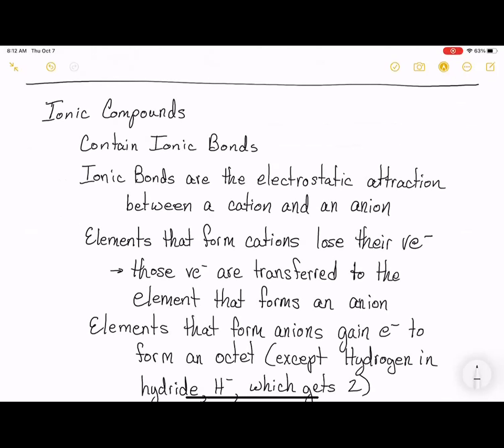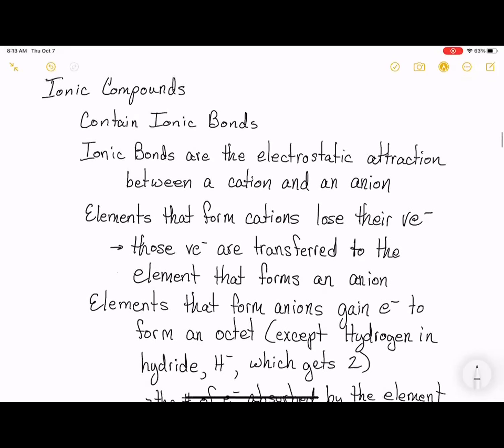The elements that form cations lose those valence electrons, and those valence electrons are transferred to the element that forms the anion. So the elements that form the anion gain those electrons in order for the anion to have an octet.